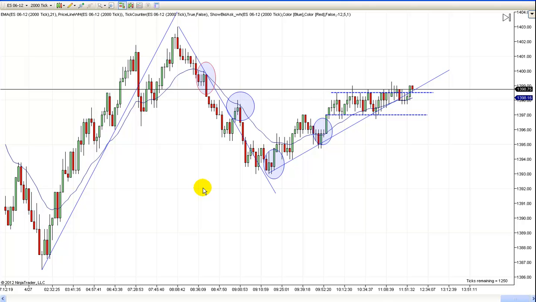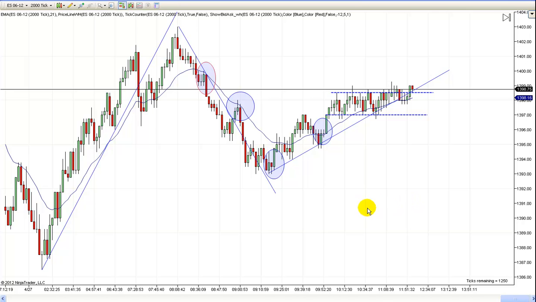And the reason I like a 21 bar, and don't take this the wrong way, is that I'm not one that really follows the Fibonacci numbers. But there is something to them, and if you put them on your chart, you'll see prices react there.